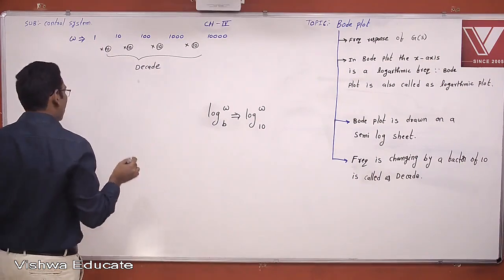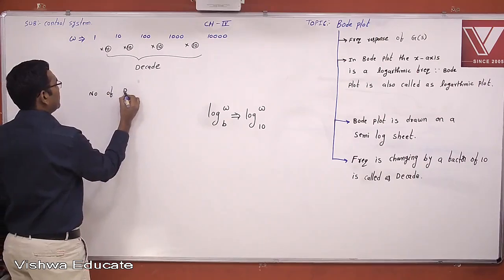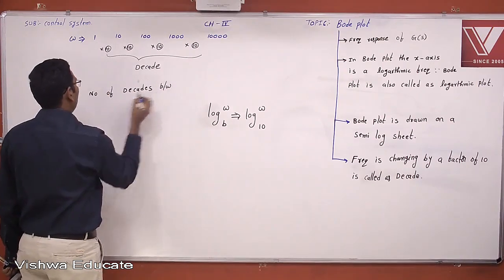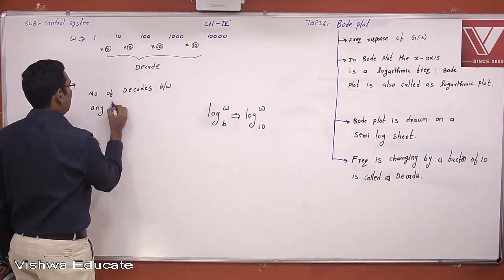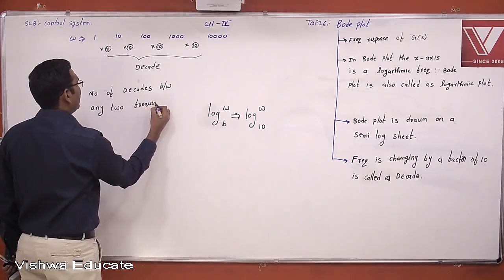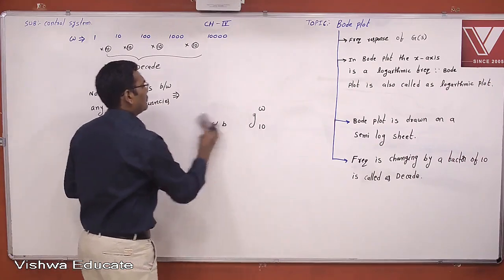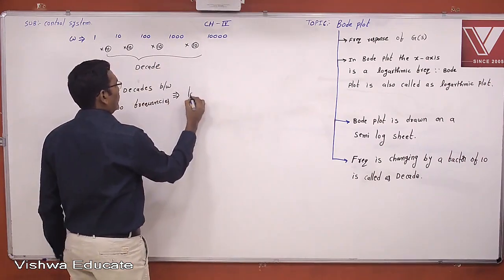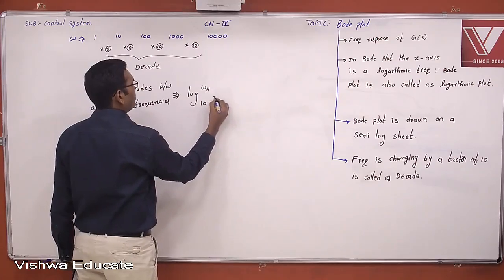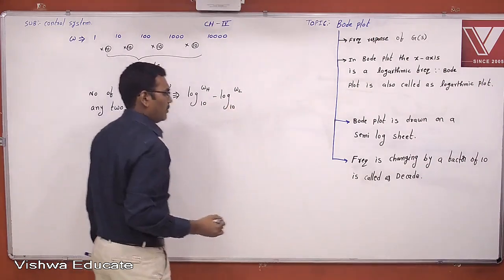Now see here, the number of decades between any two frequencies is log of the highest frequency base 10 minus log of the lowest frequency base 10.